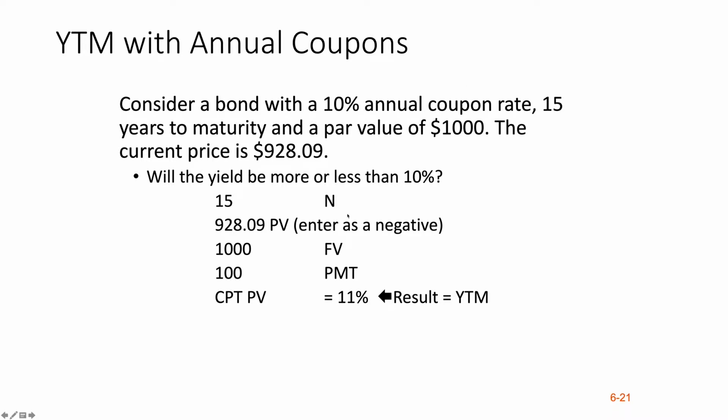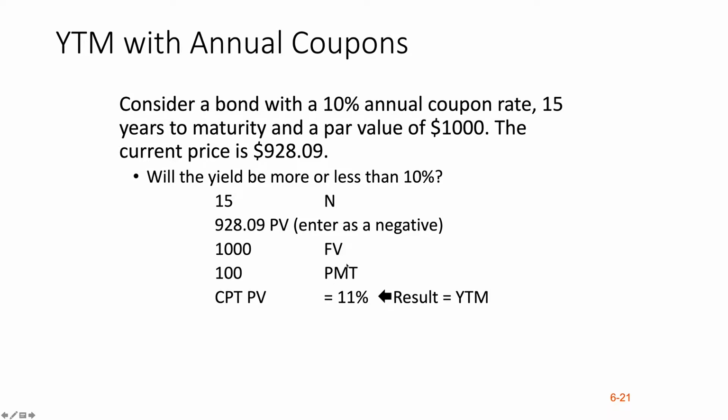Since it is an annual coupon bond, we don't have to adjust for 6 months. So 15 is N. 928.09, change sign, make it negative, is the present value. 1,000 is the future value. 10% times 1,000 equals 100, which is your payment, the coupon payment.